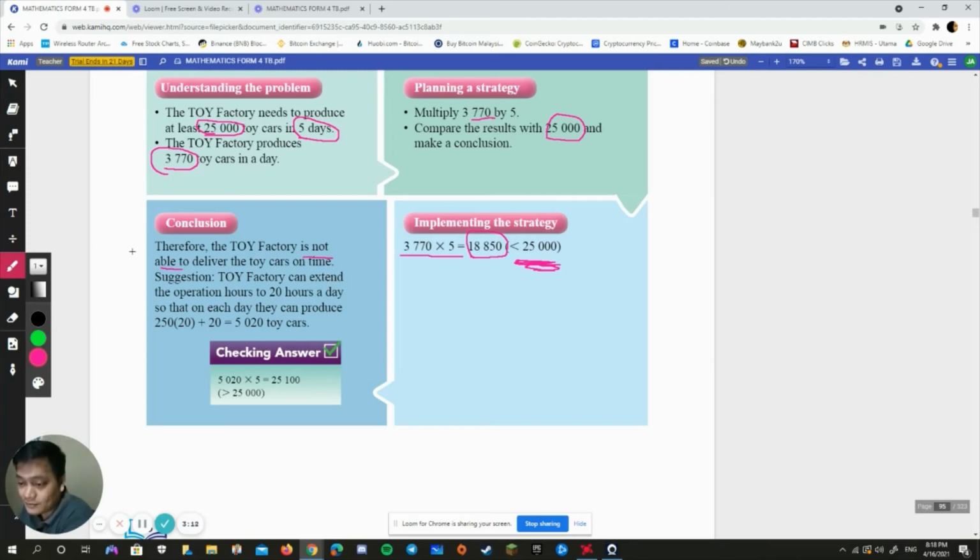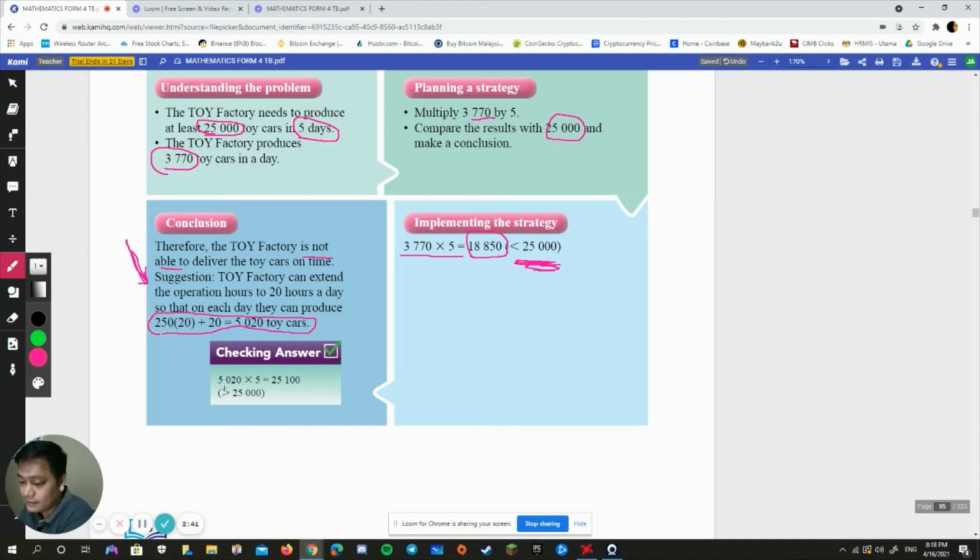Okay, one day you'll become manager of a factory. So to solve this problem, you need to find a solution. The toy factory can extend the operation hours to 20 hours a day. 20 hours a day, right? If it is extended to 20 hours a day, then each day they can produce 5,020 toy cars.